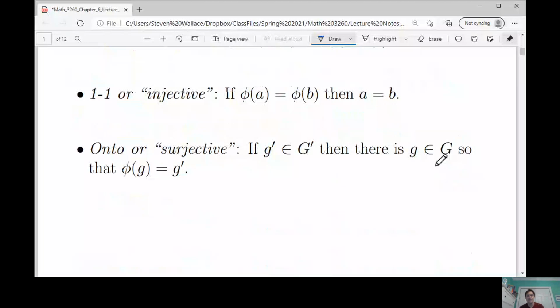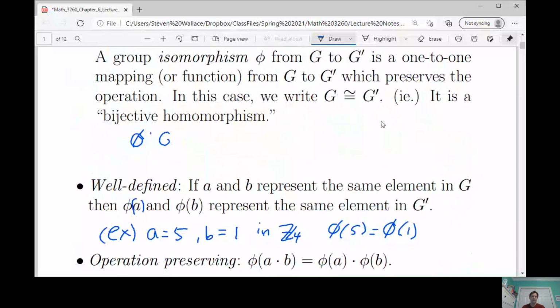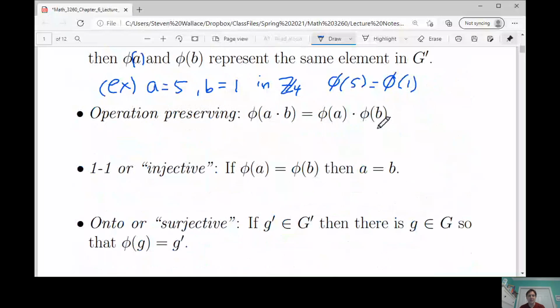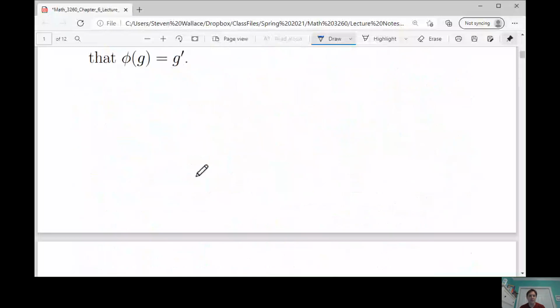Onto means that everything in G prime, if you think of the map as G going to G prime, so if there's something in G prime, then there's something in G that maps to it.